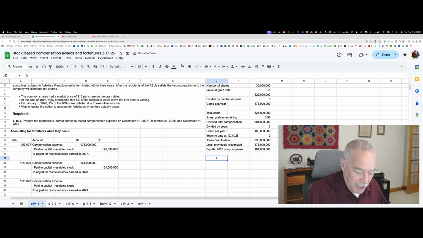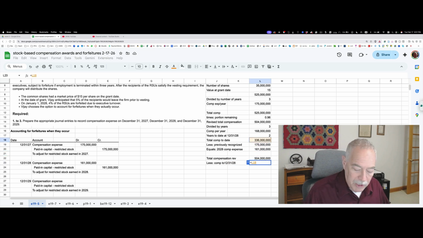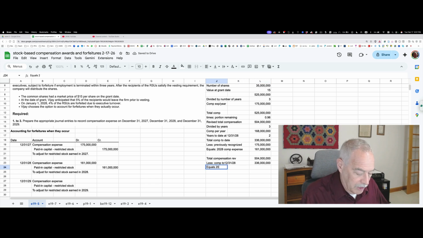Well, the total compensation revised is equal to the 504 million, less comp to 12/31/28, which is going to be equal to this, the 336 million, equals 2029 compensation.